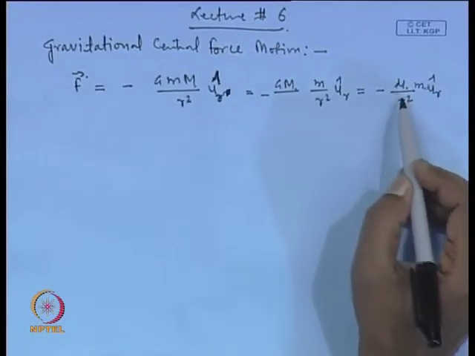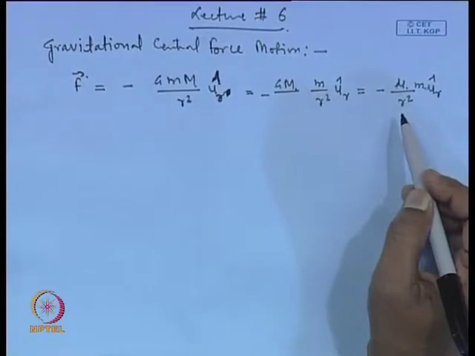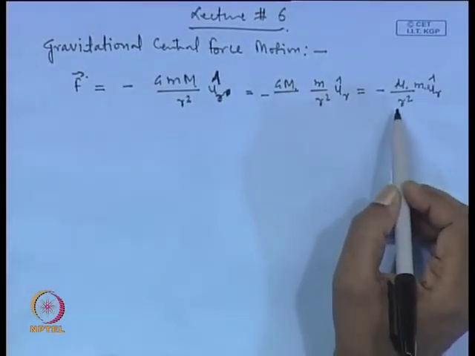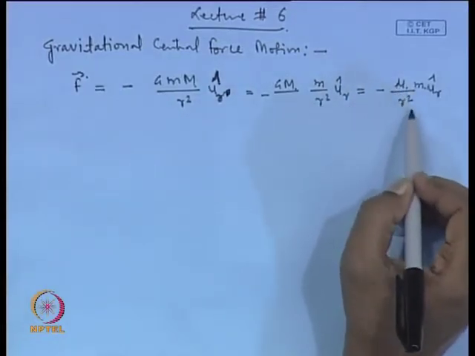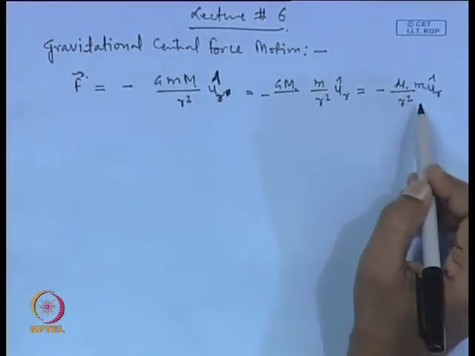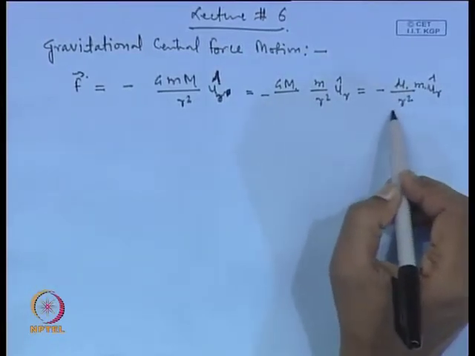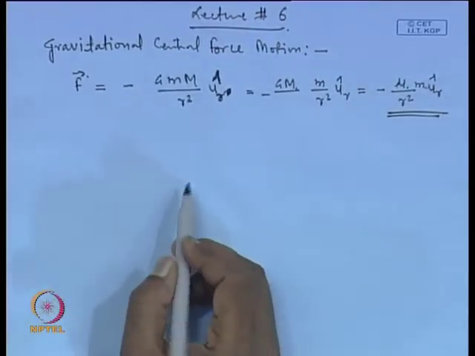We may not be aware of what the mass of the center of force of attraction actually is, but it is given in this format where this is the proportionality constant. So, we can infer from this that there is some mass involved.